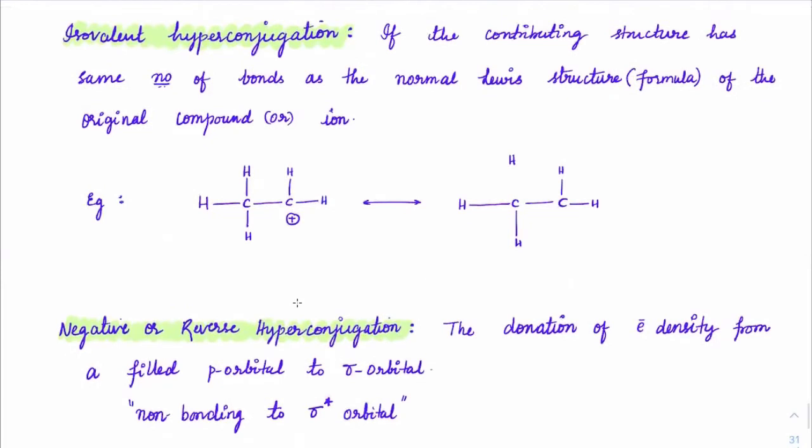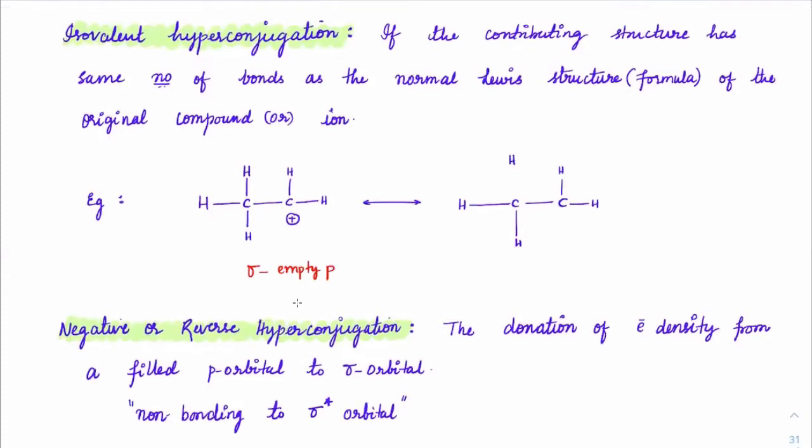Let me explain all the types of hyperconjugation. The second type is isovalent hyperconjugation. In this hyperconjugation, there is the same number of bonds as in the normal Lewis structure. Suppose in the case of carbocations, we are making the overlap between sigma and the empty p orbital directly.